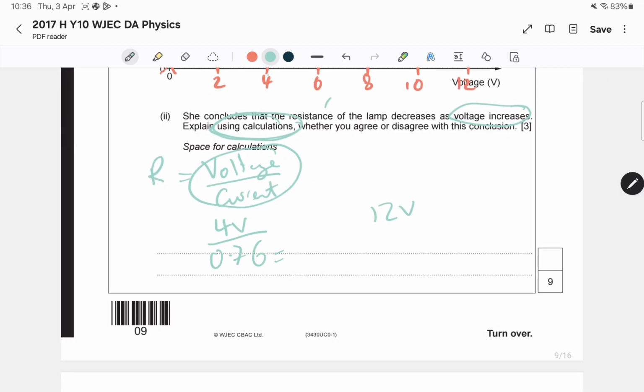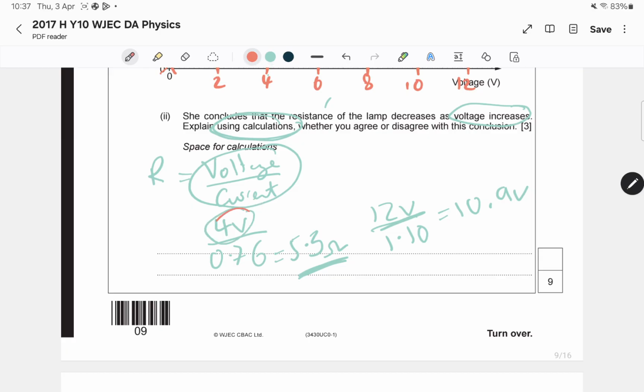That will give me a resistance of 5.3 ohms. But if I do 12 volts, the current was 1.10. So 12 divided by 1.10 equals 10.9.